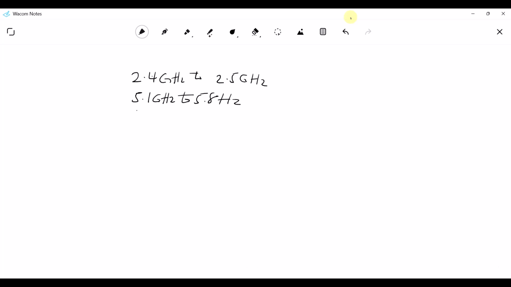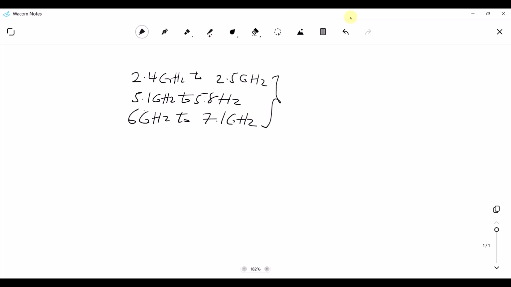And then the new Wi-Fi standard also works between 6 gigahertz to 7.1 gigahertz. So these are the frequency ranges of Wi-Fi.